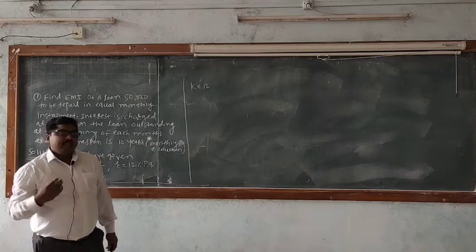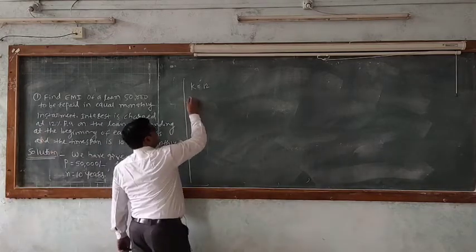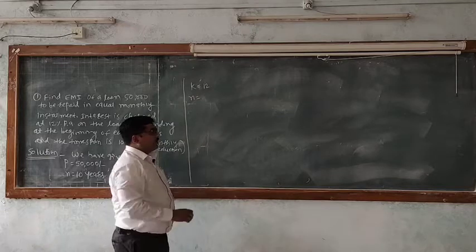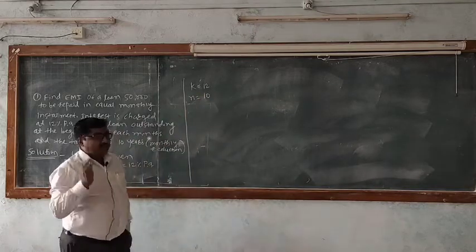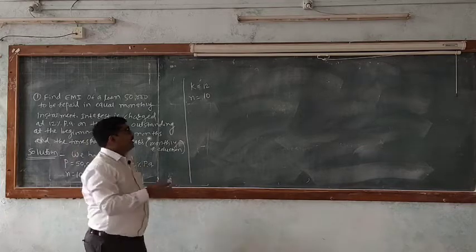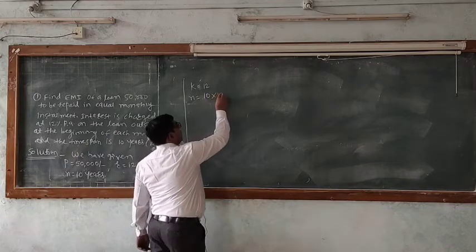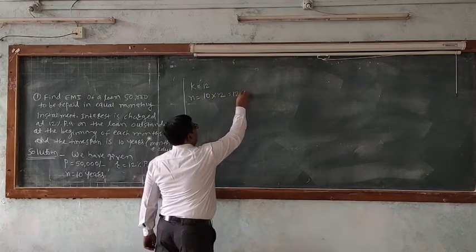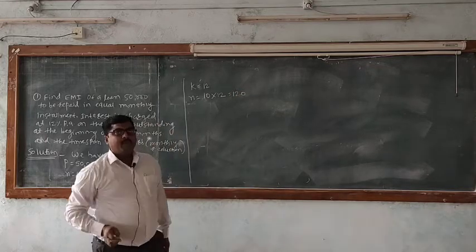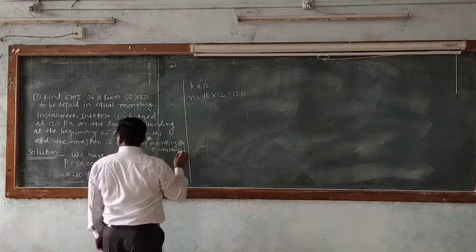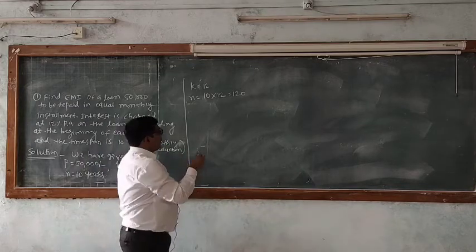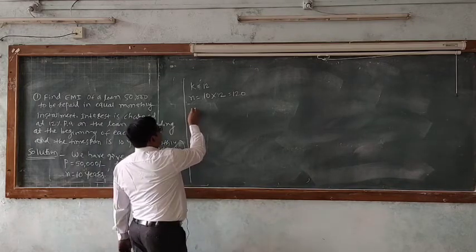Then N is what? N is equal to 10 years, and your reduction is monthly. So 10 into 12, that is 120, right? And the X is the periodic installment, that you want to calculate, right?